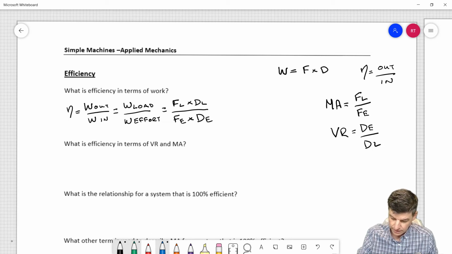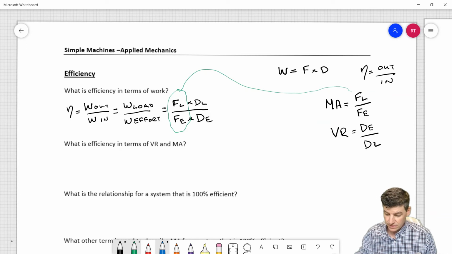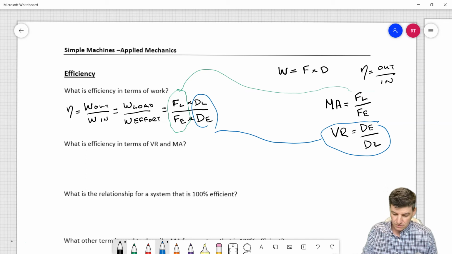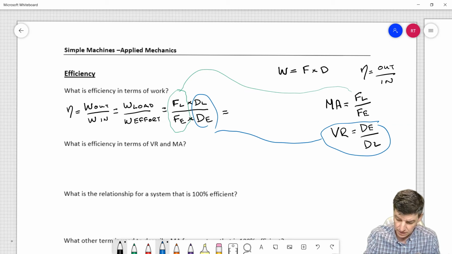And if we look, we have this ratio here, FL over FE, and we have this ratio, although it's upside down, right here. Okay. What the net result of all this is that this is equal to MA, the FL over FE, divided by VR.